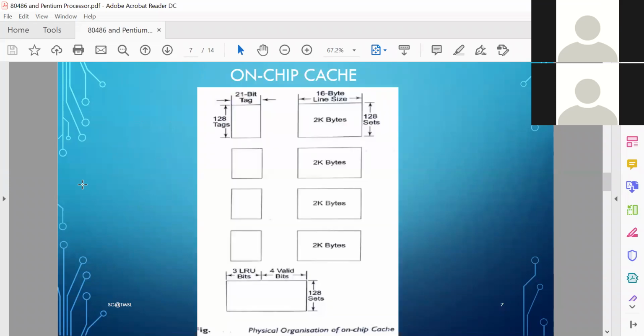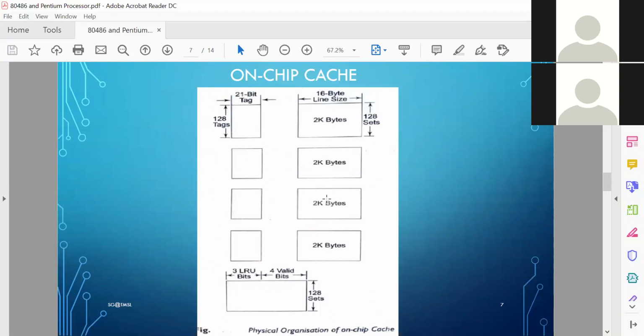And here is the on-chip cache, how it looks and how it is implemented. I have given that there is 8 kilobytes of on-chip cache, divided into 4 banks of 2 kilobytes each. Why is this cache so important?